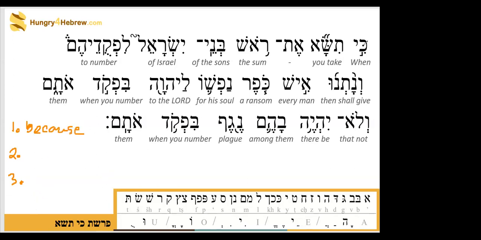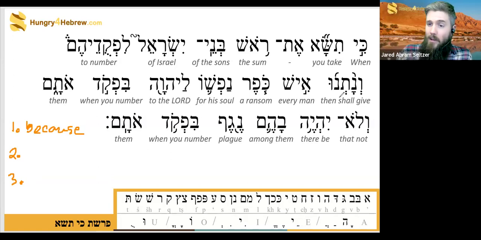Another function of the word ki is to represent content. If I know that the sky is blue, then I know ki, here comes the content of what I know, that the sky is blue. So it's translated as that, but it represents content. I hope that everyone is studying Hebrew. What do I hope?